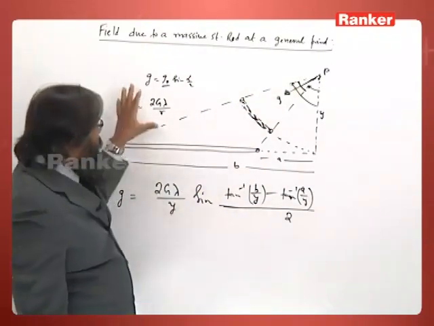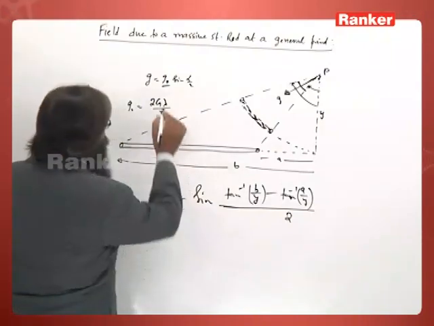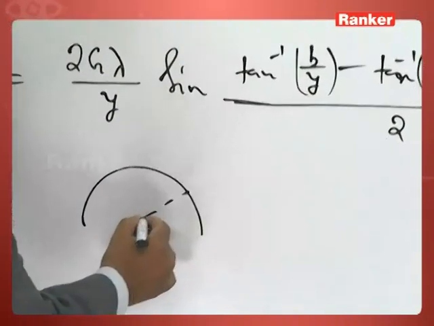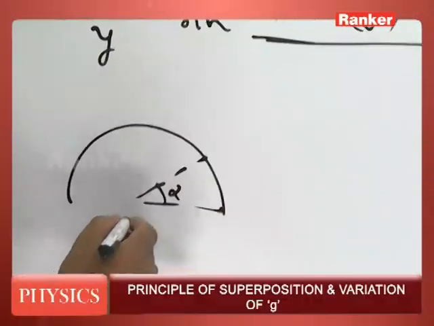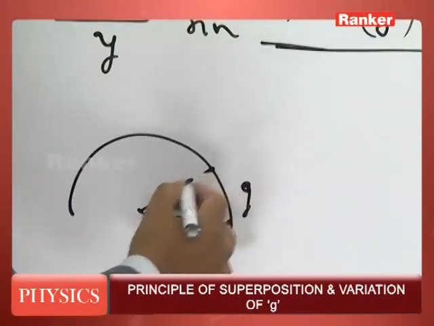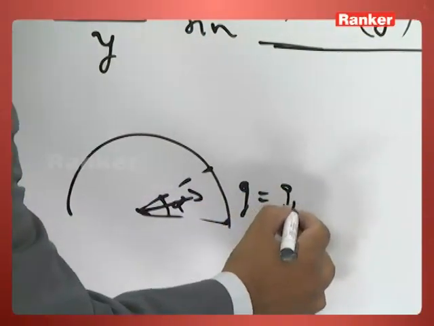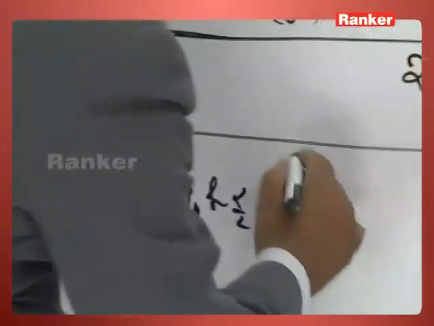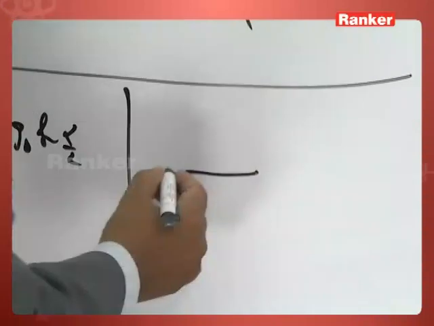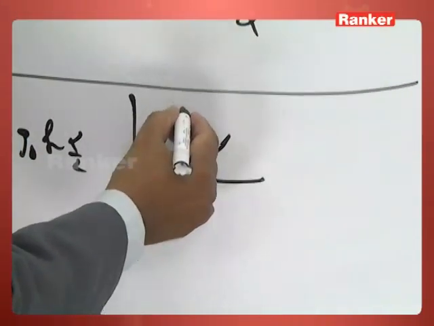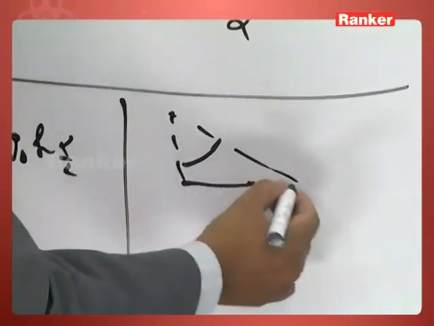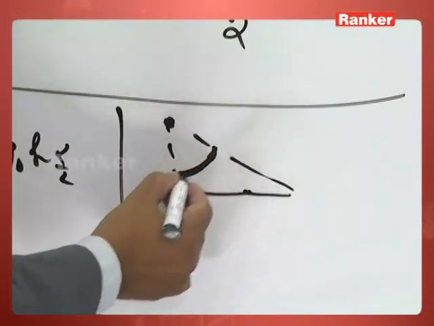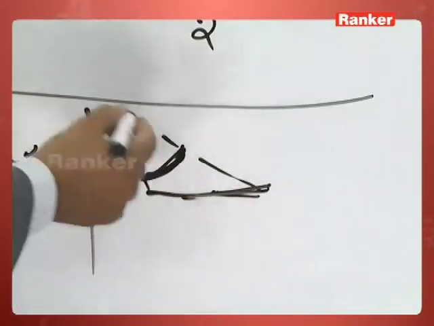So you see these two lemmas: if we have a ring and I cut out a portion of that ring with an angle alpha, then the G due to this will be equal to G naught sin alpha by 2. And another one: if we have a linear segment and an arc which subtend the same angle at a point which is the center of the arc, then the field due to this and this is going to be the same.